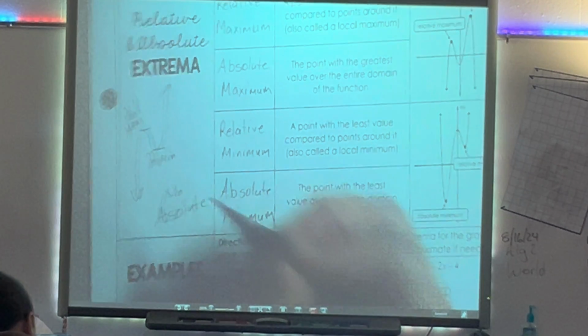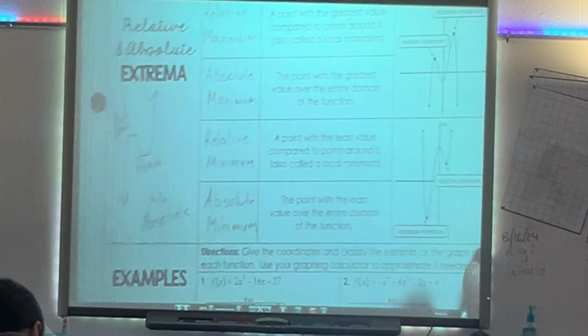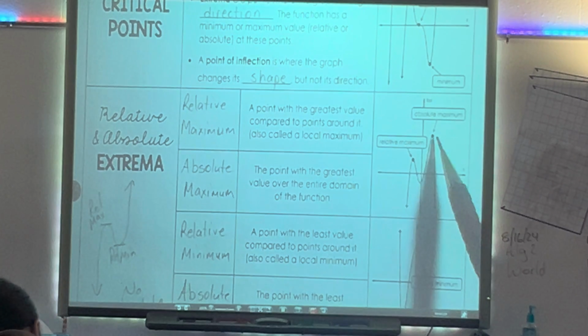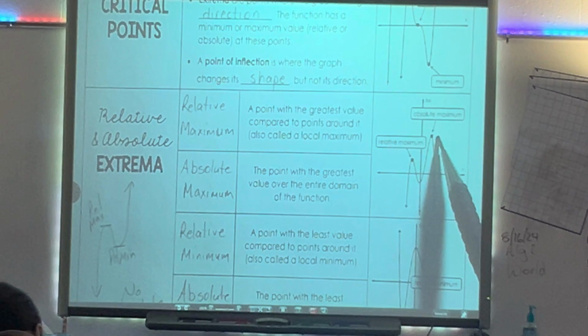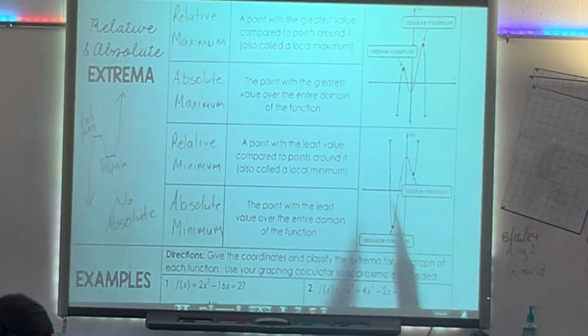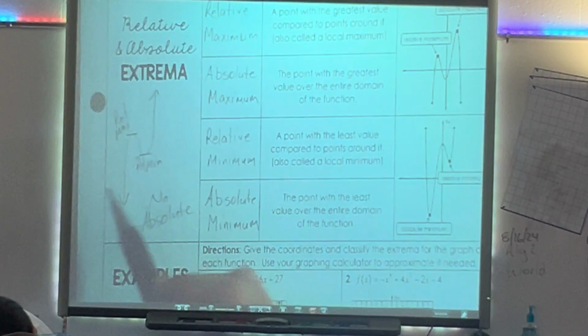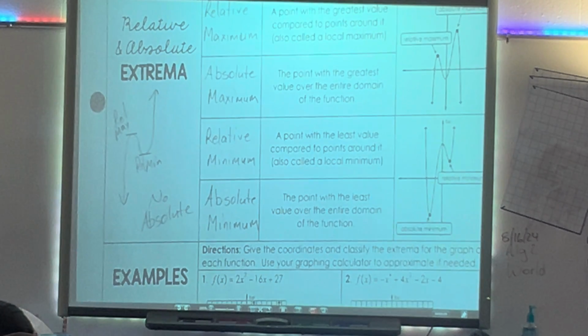So you can't have an absolute and an arrow in the same place. Like if you noticed up here where we had an absolute maximum, the arrows were both pointing down. And over here where we had an absolute minimum, the arrows were both pointing up. So if you have arrows going in both directions, it's an odd powered polynomial function. There's not going to be an absolute at all. Is that logical to y'all?